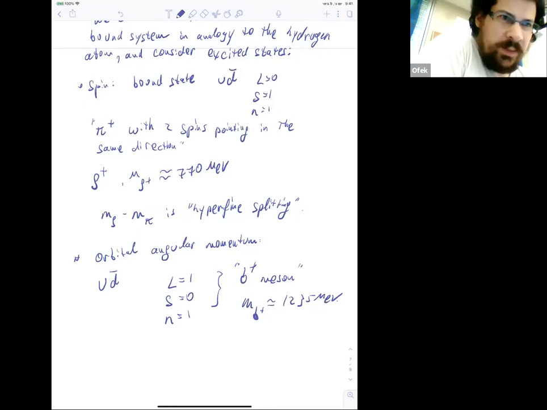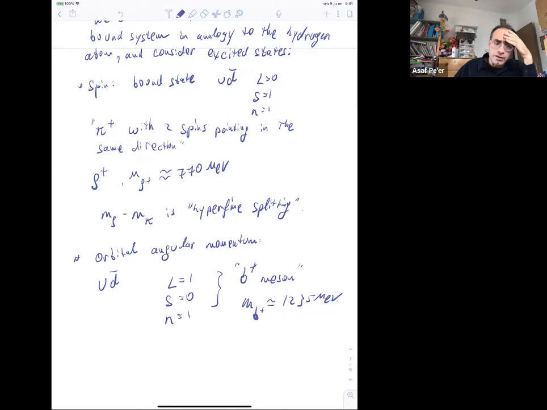Whenever you say spin, you mean isospin? No, I think this is the spin. It's not the isospin. It's the actual physical spin. This is the real spin, not the isospin.